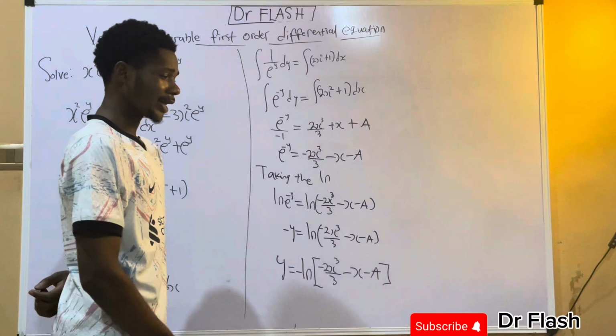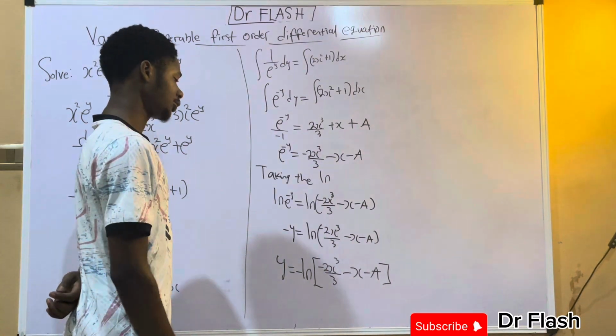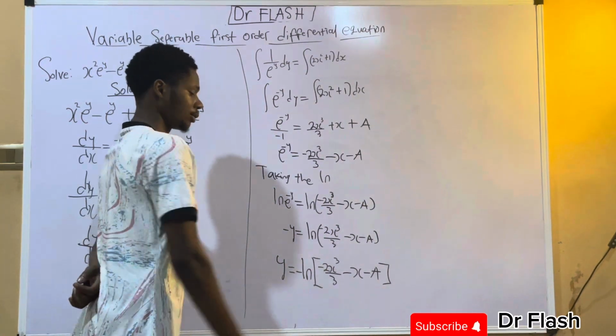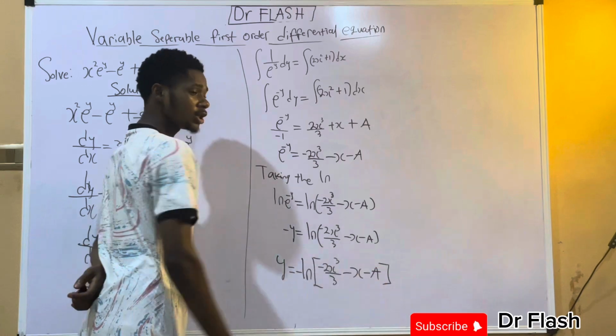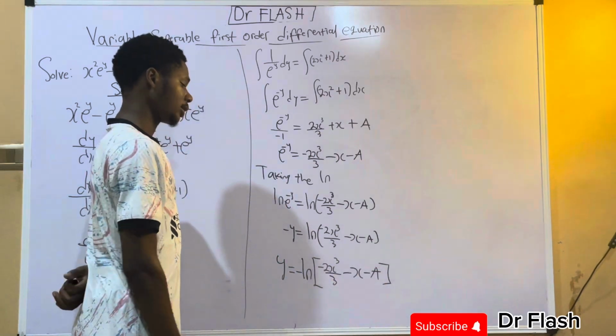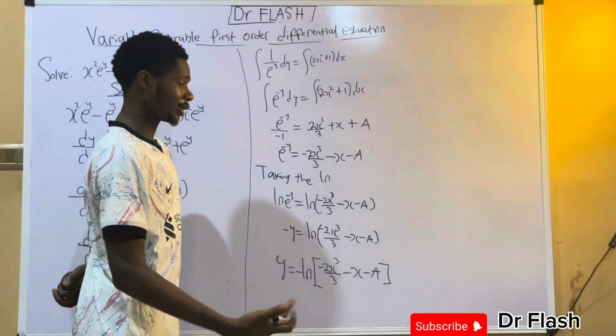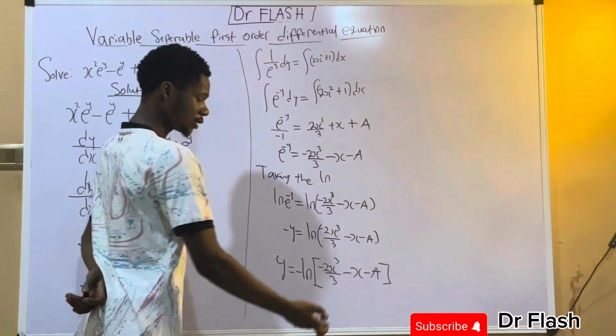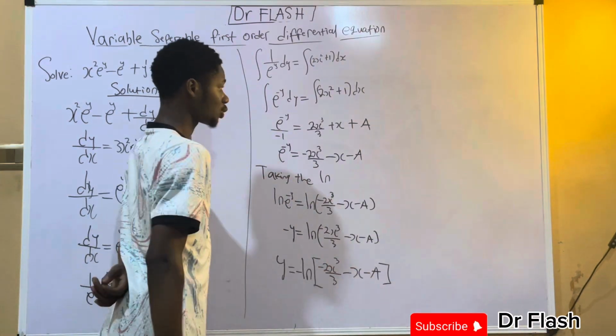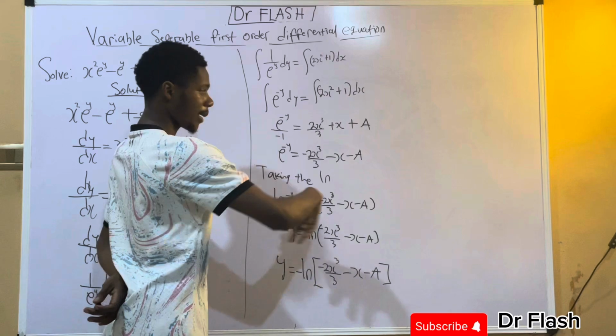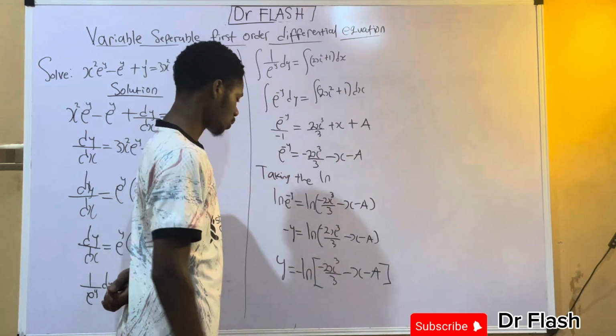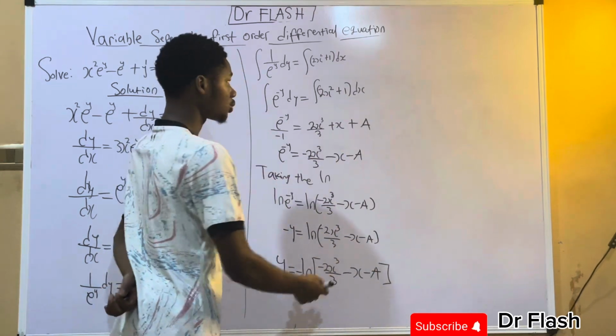We could leave our answer like this depending on the option, but remember I already said constants should be in positive form, and they should be replaced with another letter if anything tampers with them. So at first we're having plus a, we multiply by minus 1 and it became negative. So I will say let b equal minus a.